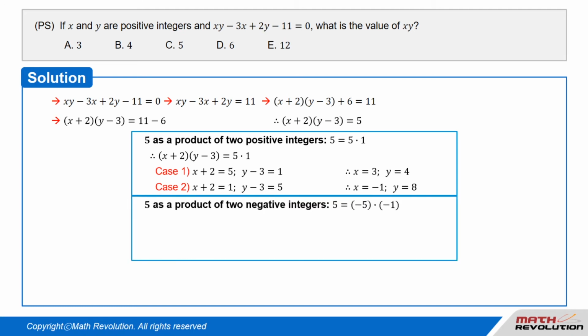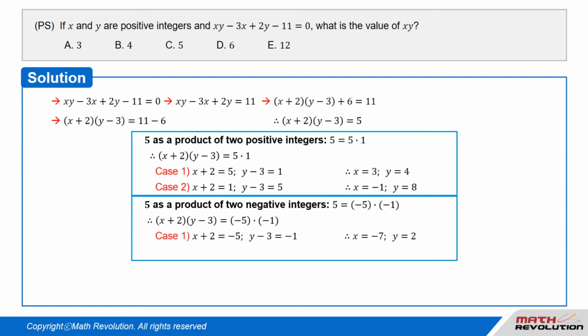However, 5 can also be the product of two negative integers, which is 5 = (-5) times (-1). Plugging -5 and -1 into the equation, we get (x + 2)(y - 3) = (-5)(-1).